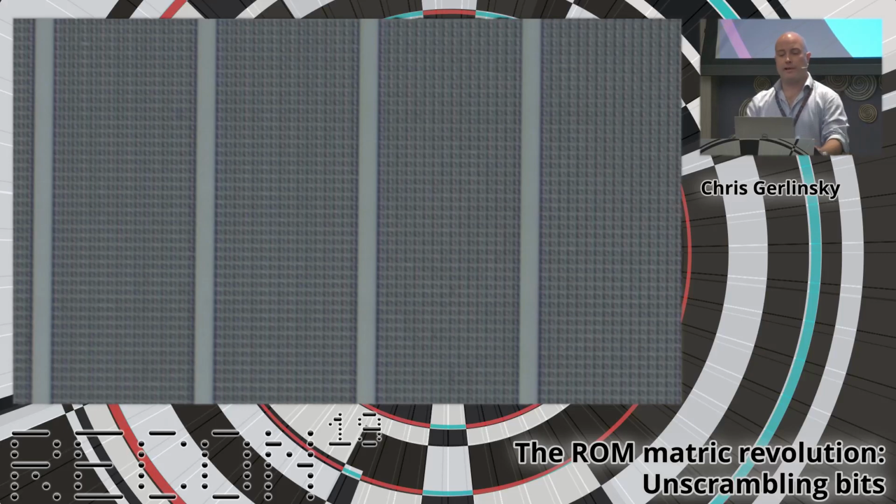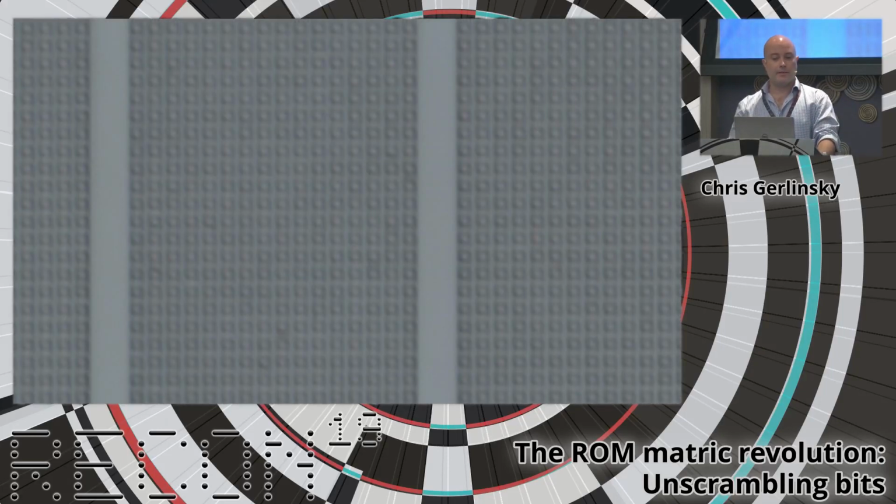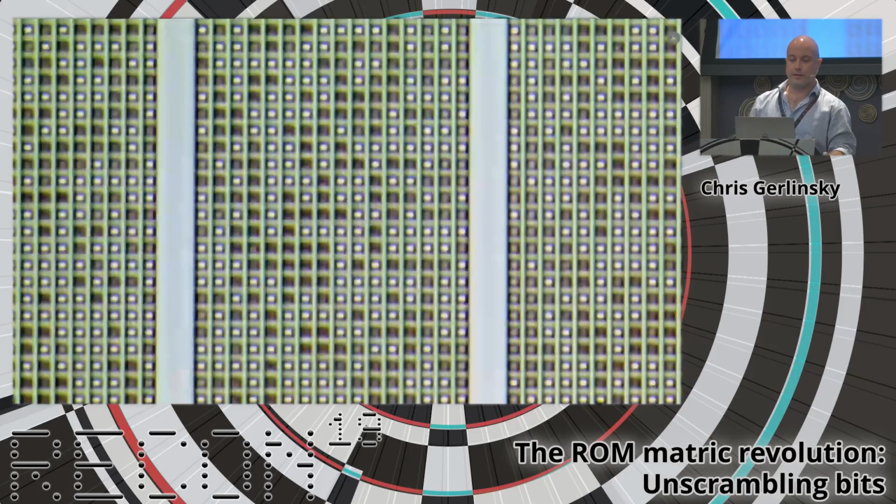So starting out looking at one of these ST19 ROMs, this is what it looks like after removing the top layers of the chip with hydrofluoric acid. Zooming in a little bit, we can see the rows and columns of bits, but we don't actually see any data there. It's a little bit of a fuzzy picture, but also there's no contrast between the bits.